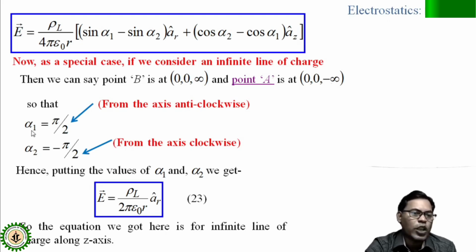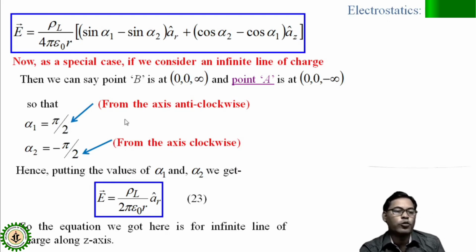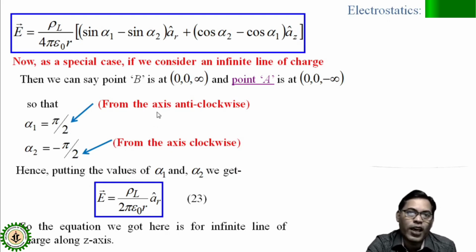Now we can find alpha 1, that is pi by 2, 90 degrees, and alpha 2 equals minus pi by 2. How are we calculating alpha 1 equals pi by 2? That also we can find from the diagram. Alpha 1 we get from the axis in the anti-clockwise direction.